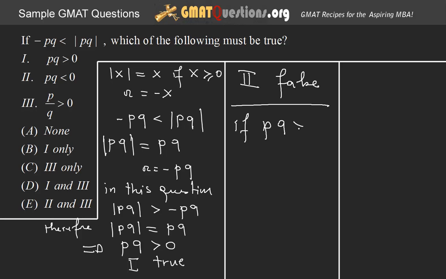If PQ is greater than 0, as we know, then the quotient P over Q has to be also greater than 0. This is math. Virtually 100% of the time, the product and the quotient have the same sign.